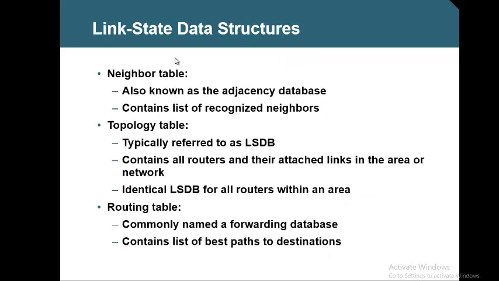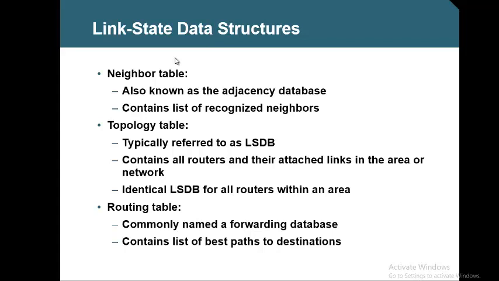There are three types of tables. When OSPF can form a neighbor successfully by sending hello packets, if the hello packet parameters are acceptable, the neighborship comes up. Those neighbors are listed under the neighbor table.